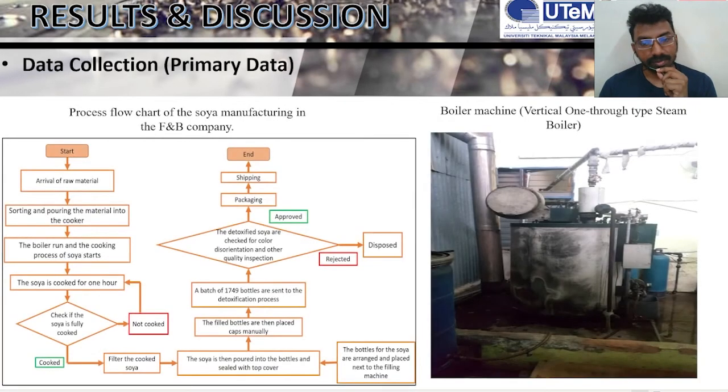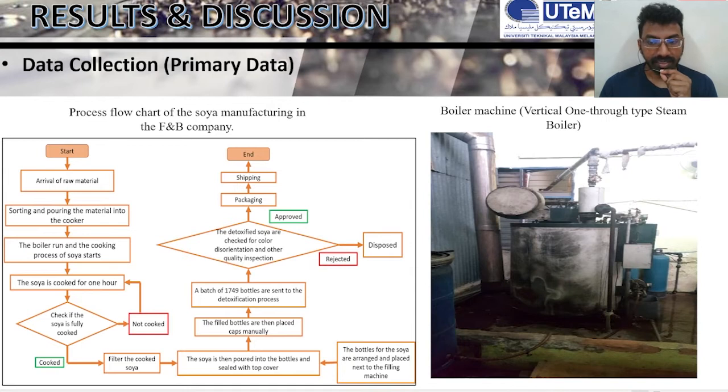There are two types of data collection, which are primary and secondary data. In primary, we can see that the data is obtained from the company. This is the flowchart of the soya making process from raw material till it's cooked under the steam pressure of the boiler.